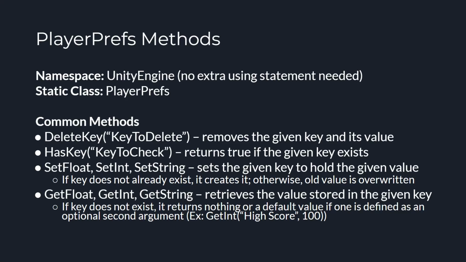So you'll see here PlayerPrefs.SetFloat, PlayerPrefs.SetInt, PlayerPrefs.SetString, your three main PlayerPrefs setting functions. They set the given key to hold the given value, and if the key does not already exist, create it. Otherwise, if it does exist, overwrite the value, right? So you can't just keep adding high scores.